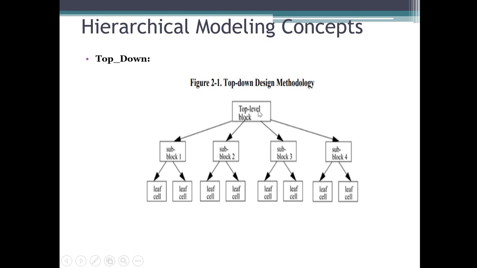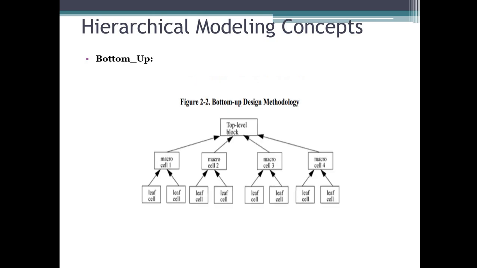Suppose this is your full header, and here your two half headers will be there, and these will be your gates. If you design from top to down, that is called top to down hierarchy. And in the next slide you can see, if you design from bottom to up, this methodology is known as the bottom to up concept.